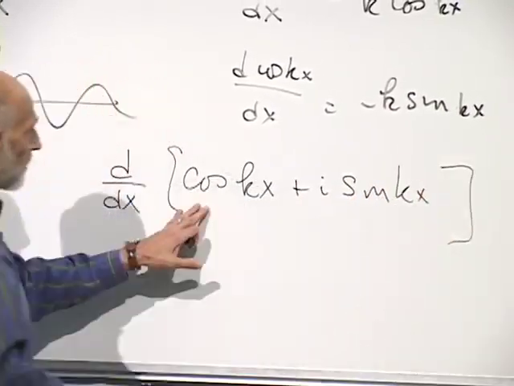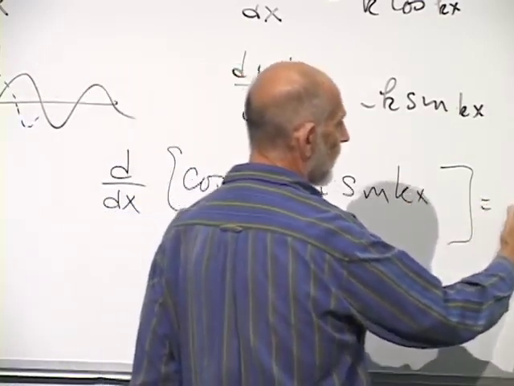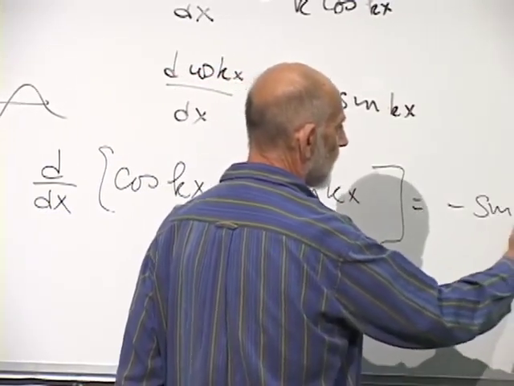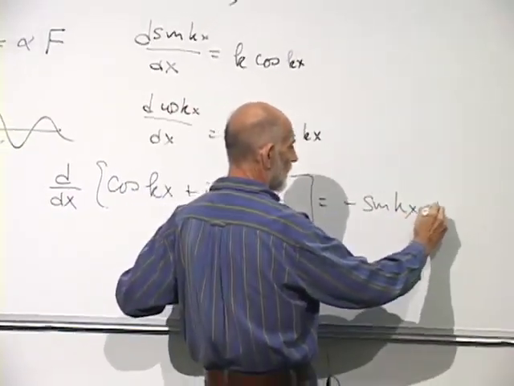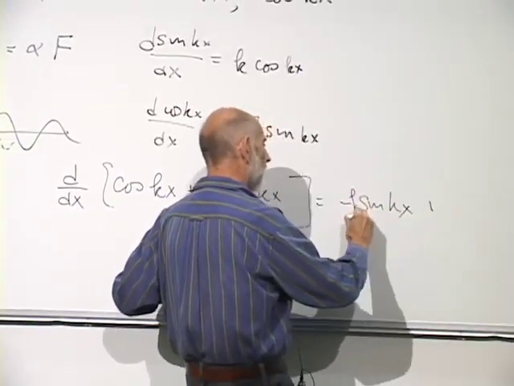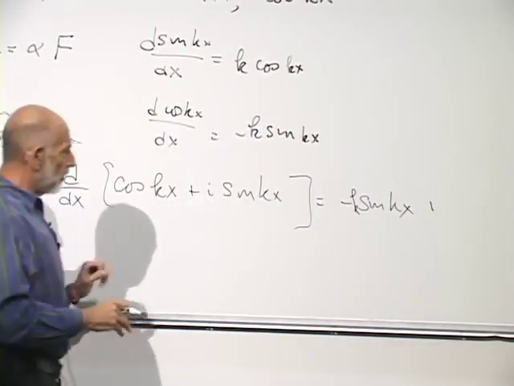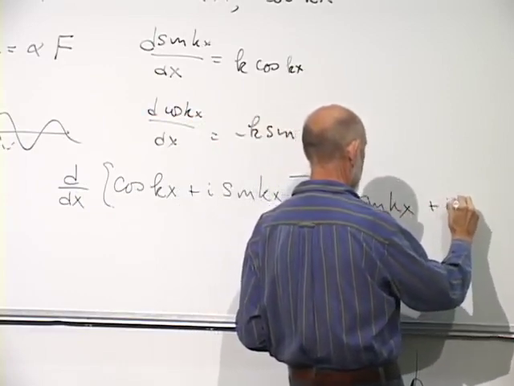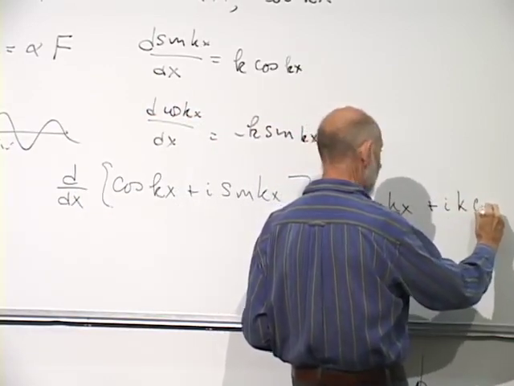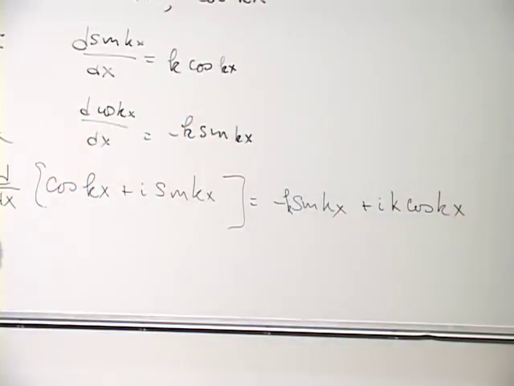You get from cosine, you get minus k sine kx plus ik cosine kx. Did I do it correctly now? I think I did.